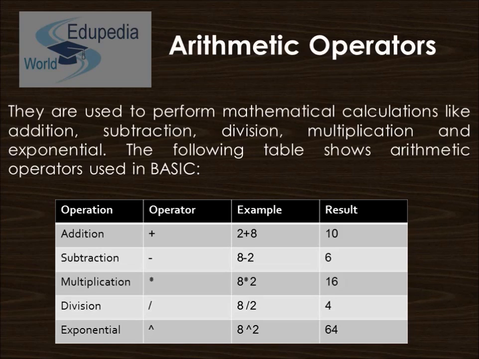We can see how the addition operator works, how the subtraction works, the multiplication, the division, along with the symbols these operators have in BASIC. And then comes the exponential, which simply is the power. So this is how the arithmetic operators work in BASIC.